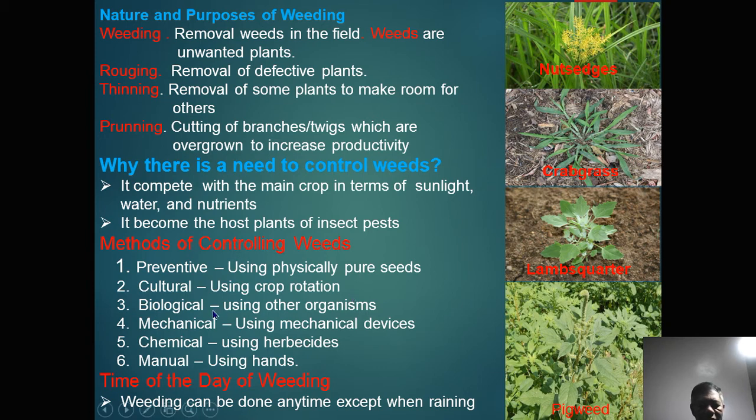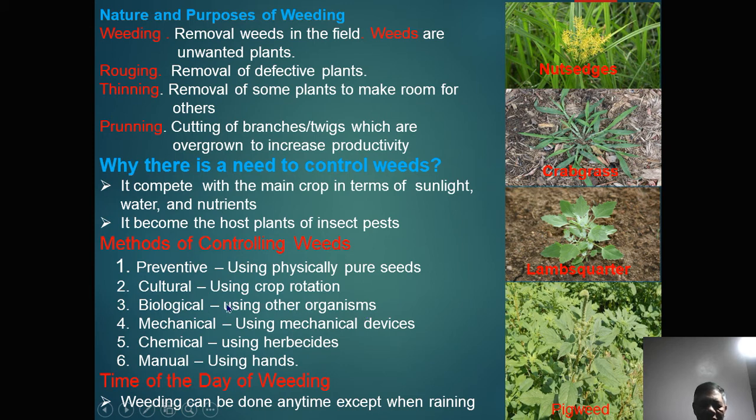Then the next is biological control. This is using other organisms. There are some instances wherein we plant or we use insects to control weeds.